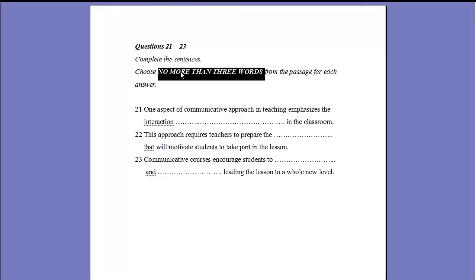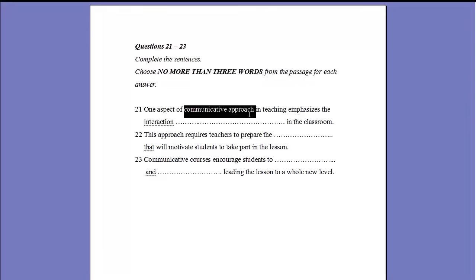For example, you may find the answer to question 23 first, and then the answer to question 21, okay? They are going to be mixed, most probably. Phrases like communicative approach over here cannot be paraphrased easily, so underline them as they will be your guide so as to help you find the answer in the text.